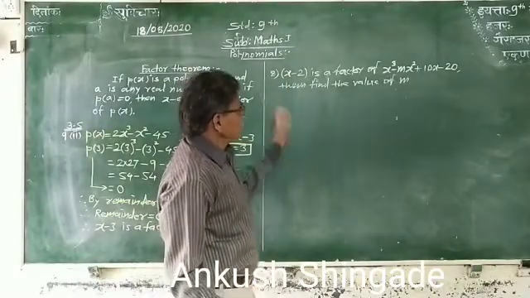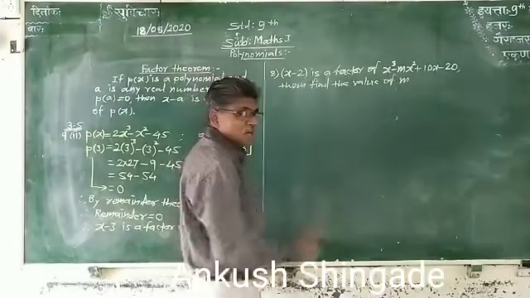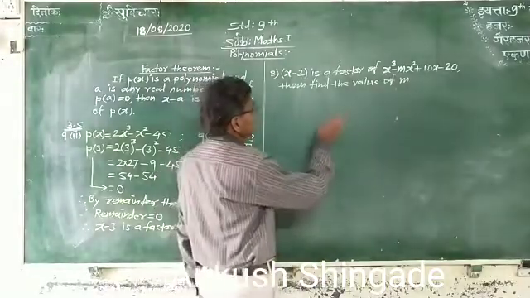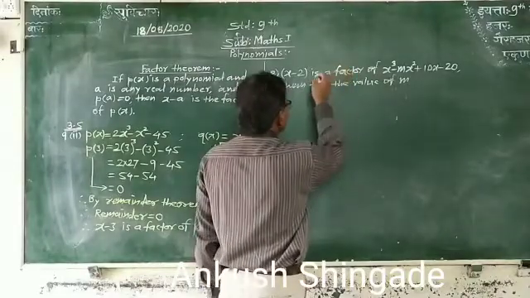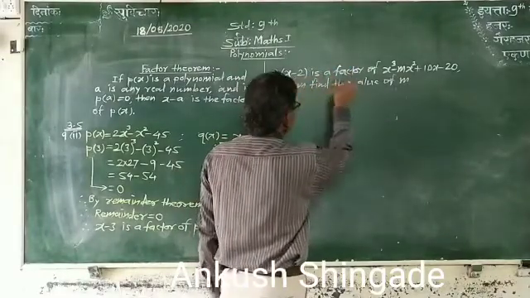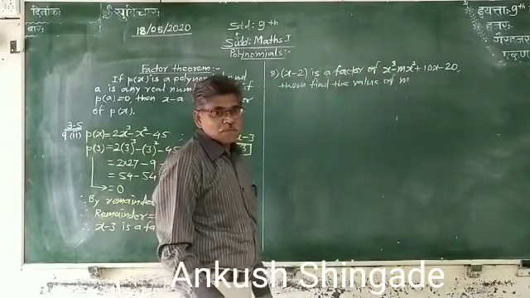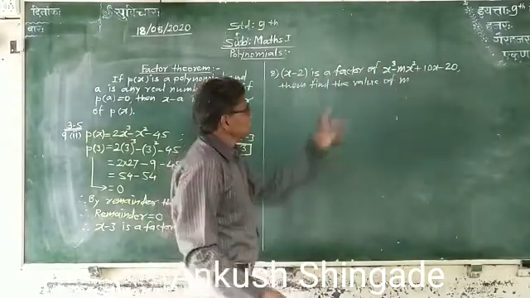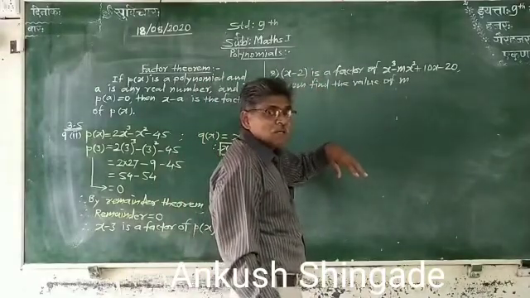So we have to find the value of m. Here very important information is given: x minus 2 is a factor of Px. A factor is a factor. That means remainder is 0.